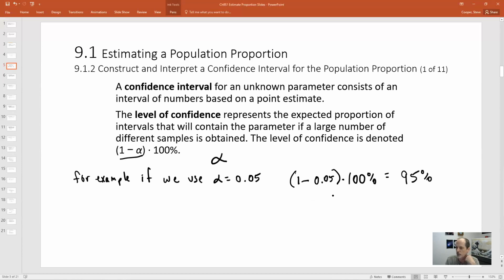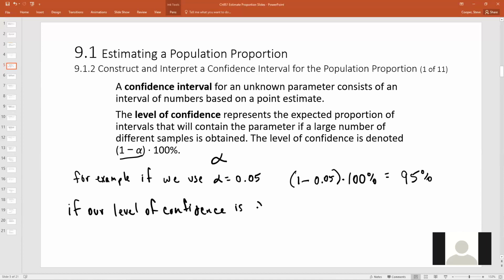If I give you a level of confidence, you can just take that, so let me ask you in the other direction. If our level of confidence is 99%, what is alpha? Here I gave you alpha and you said it must be a 95% confidence level since you used 0.05.